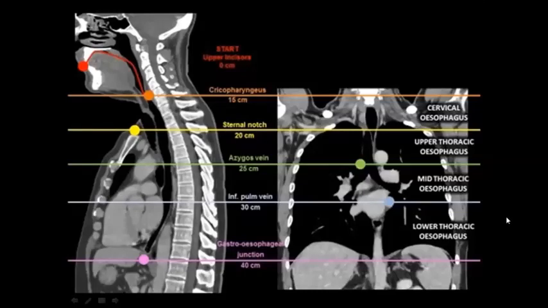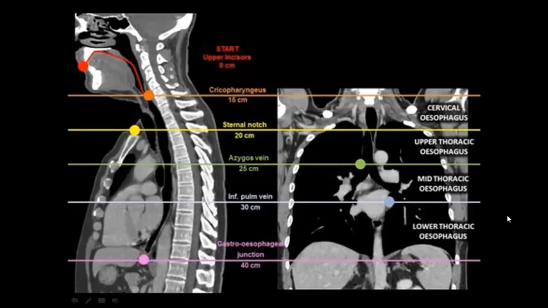Of course, CT is more informative in detection of different parts of the esophagus.